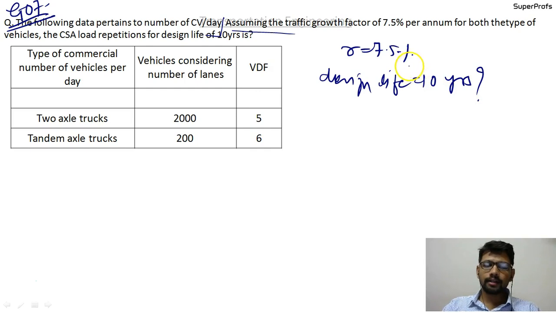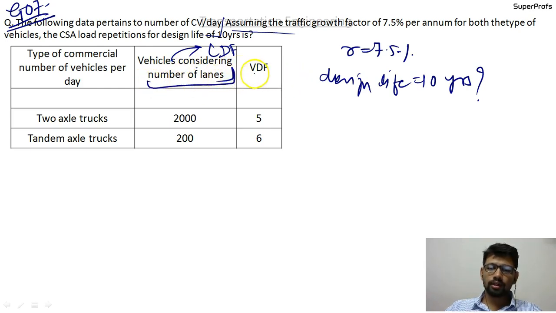The types of commercial vehicles per day are given as two axle trucks and tandem axle trucks, considering the number of lanes, that is, they have already considered the lane distribution factor, and the vehicle damage factor is also given. So assuming the traffic growth rate so and so, what is the CSA load repetitions for a design of 10 years?